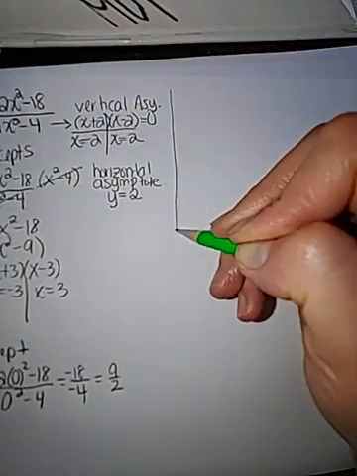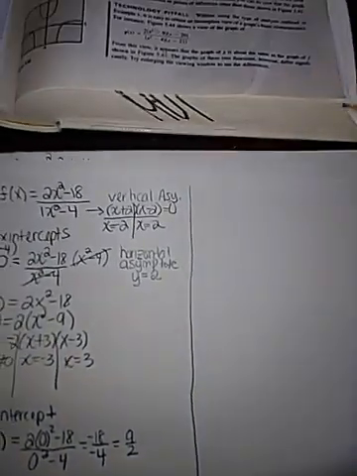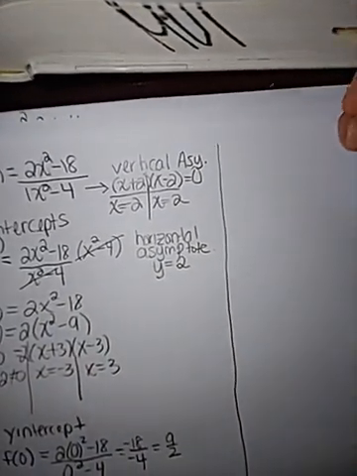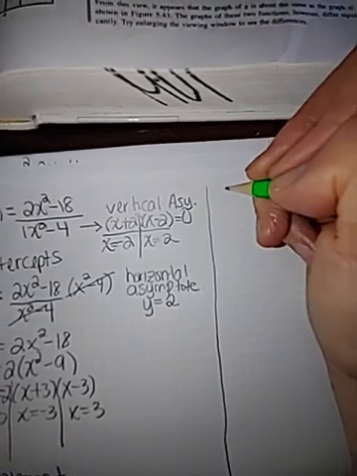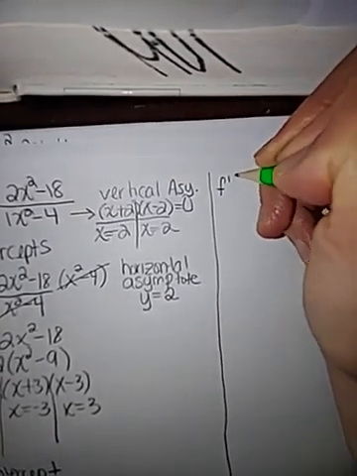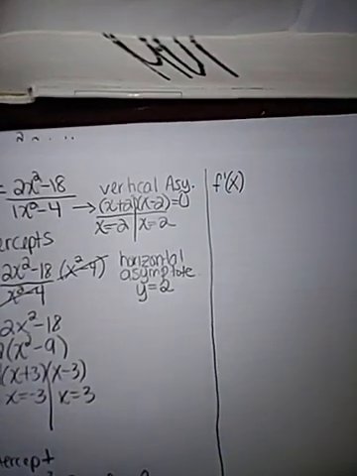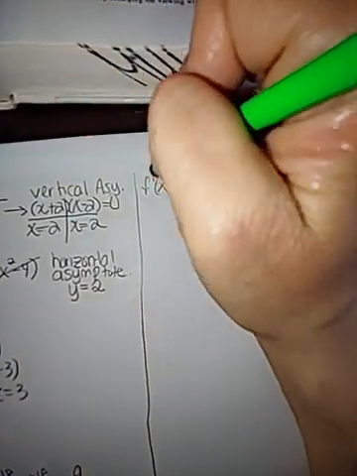Now I'm going to find the first derivative. So to find the first derivative, I'm going to use my quotient rule. So let's actually write the function over again.